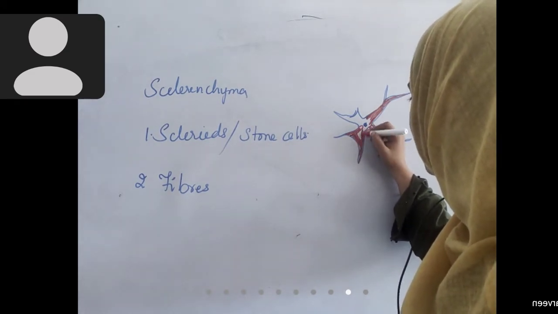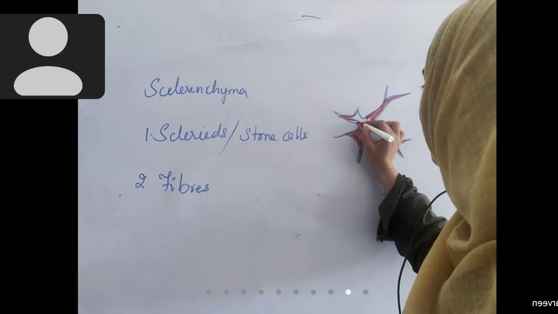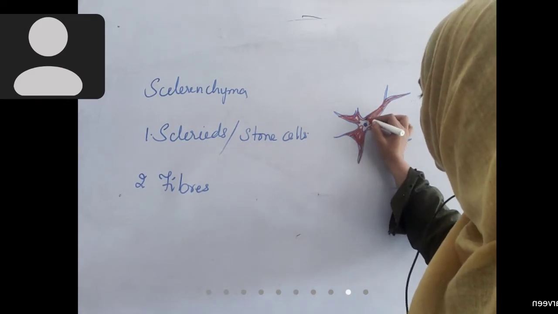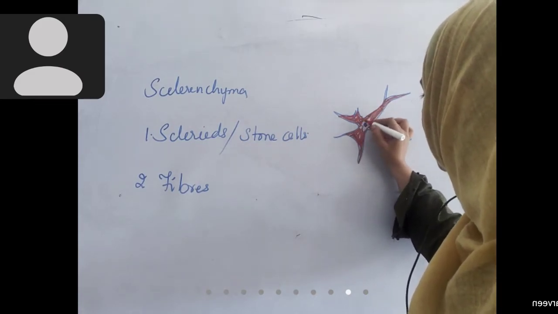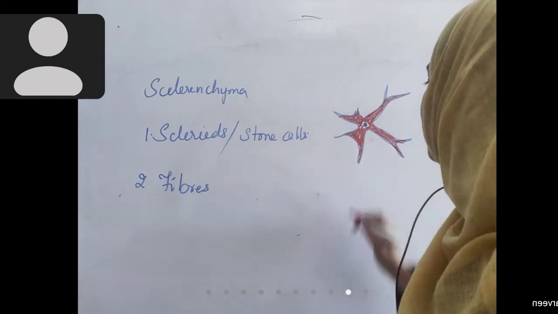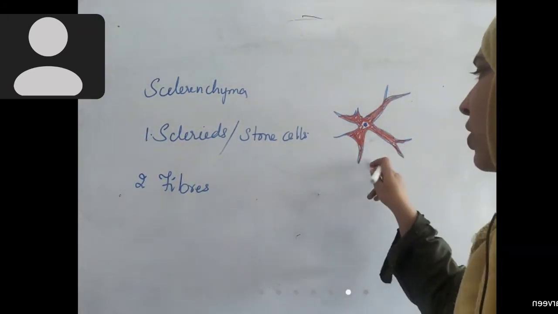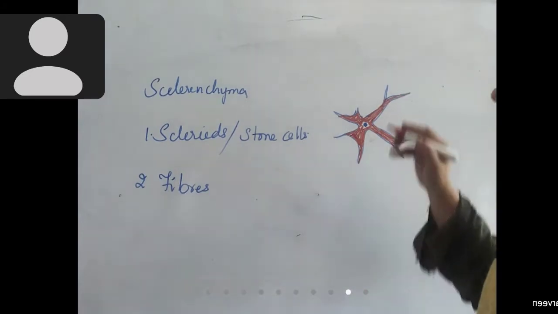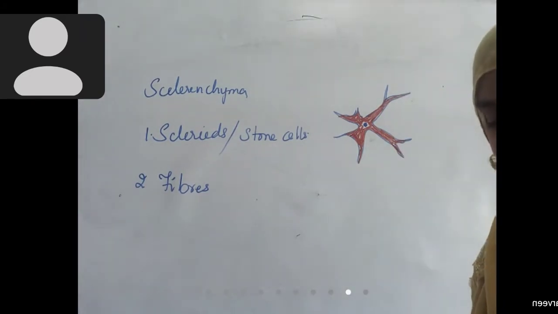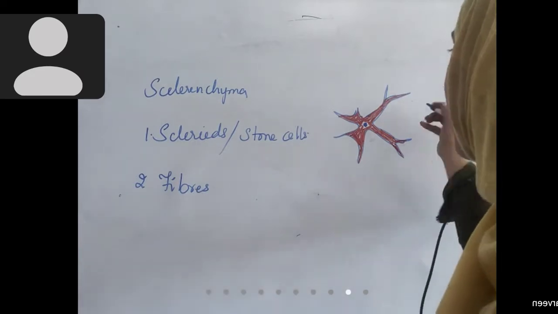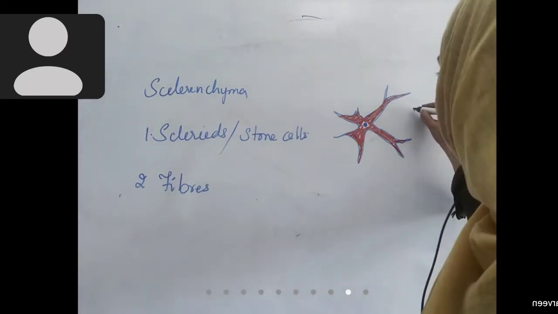This all is secondary cell wall. This is all filled with secondary cell wall like this. The small lumen is left. This type of cells are called sclereids.